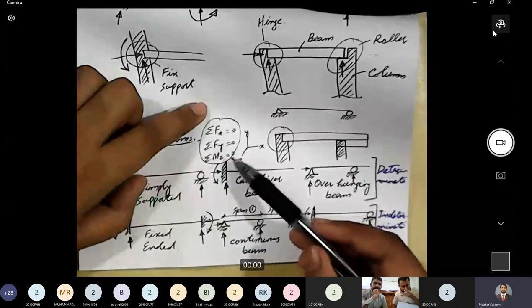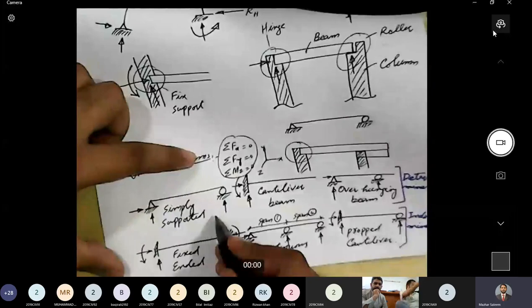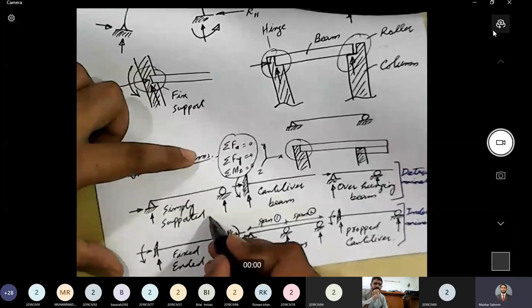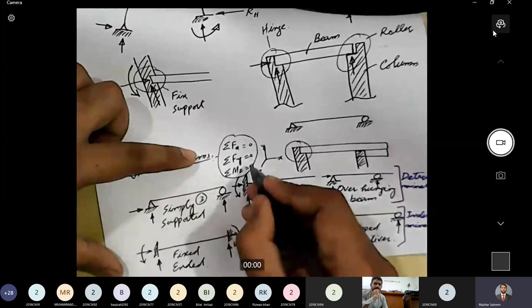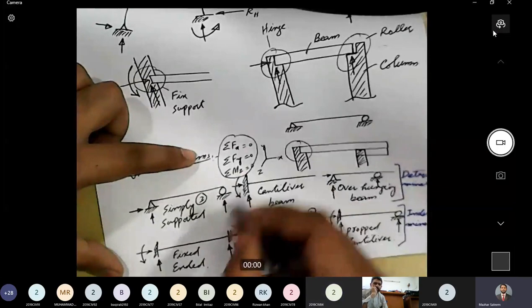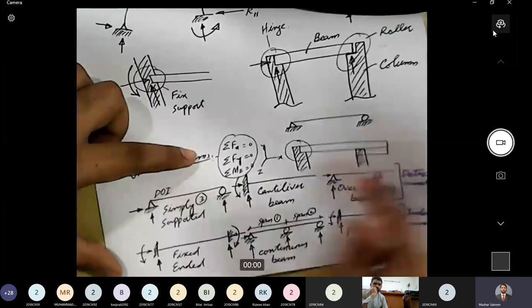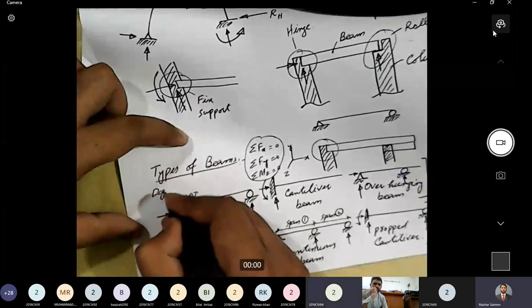For example, how many reactions are generated for a simply supported case? 3 reactions. And how many conditions of equilibrium are there? 3 conditions of equilibrium. So the degree of indeterminacy, if I say DOI, is 0.